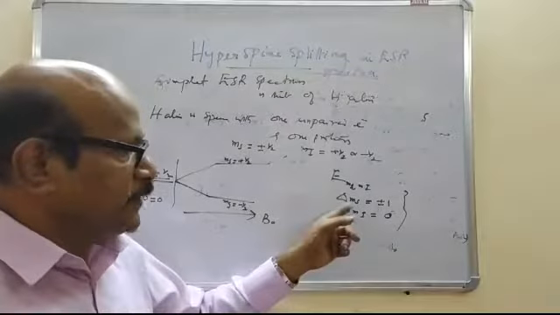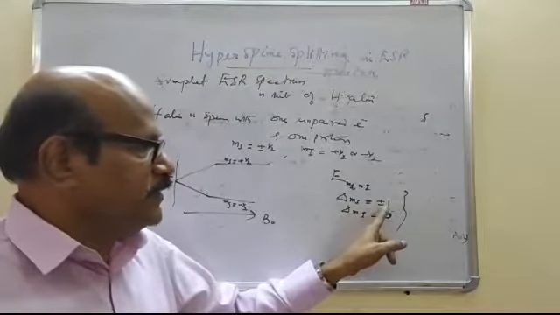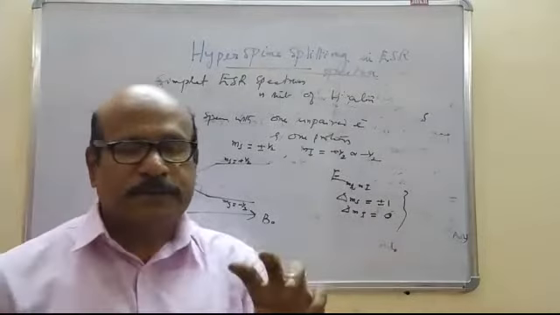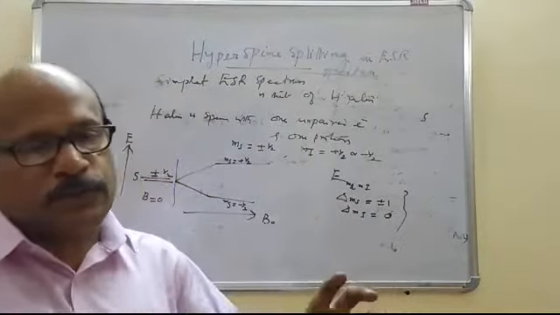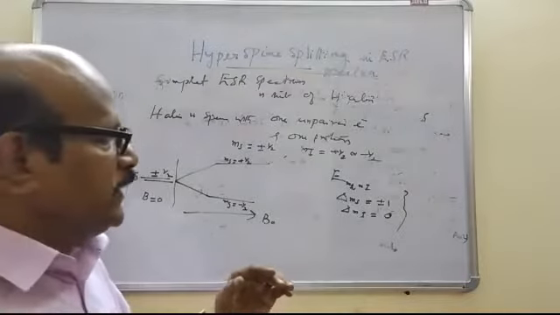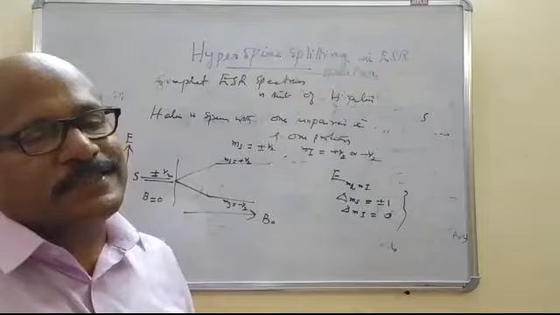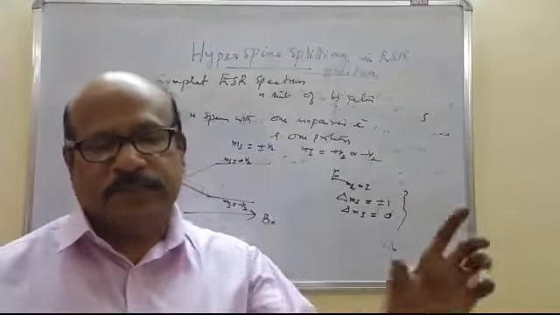That is combined and simultaneous: delta Ms is plus or minus 1 and delta Mi is equal to 0. Both should be fulfilled. So the combined or simultaneous quantum mechanical selection rule is to be fulfilled for the transition between any two energy levels. Okay.